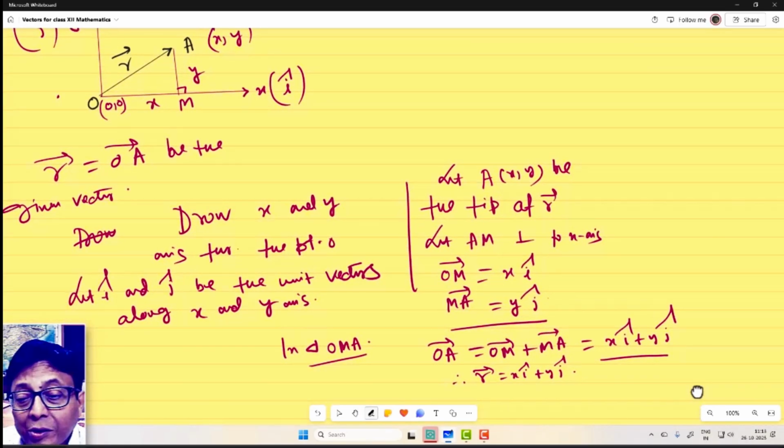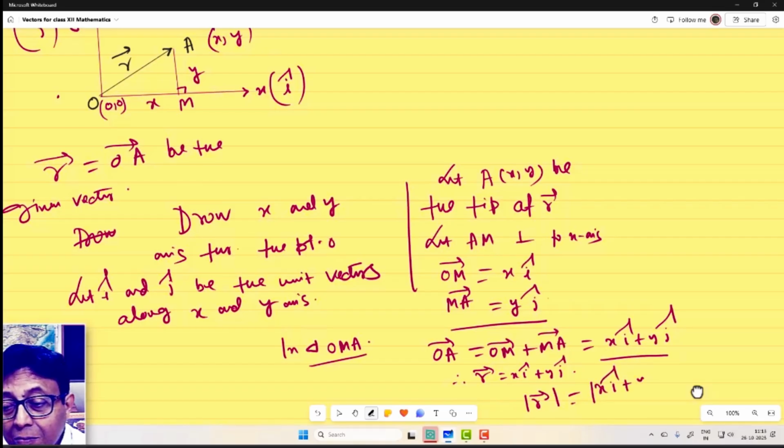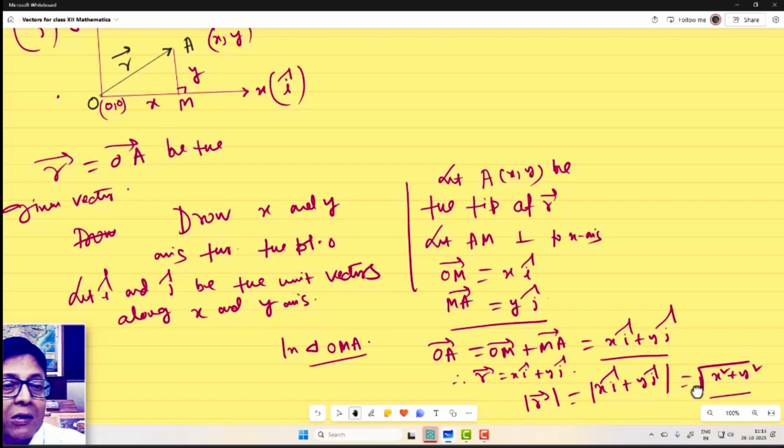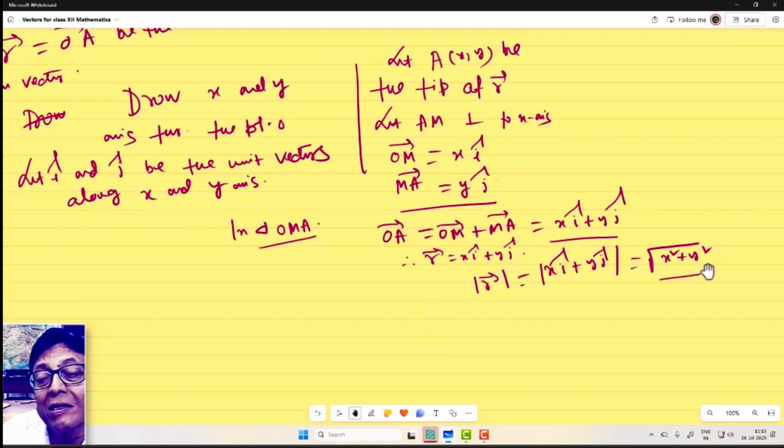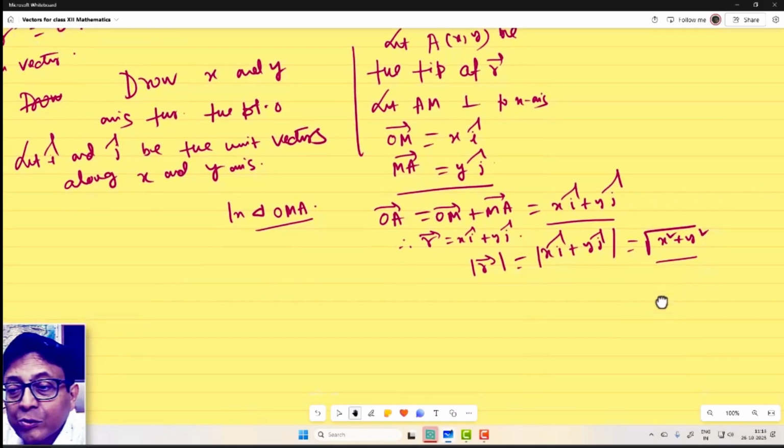Obviously, when you are going to calculate the magnitude of this vector, mod r is going to be the length of the vector, this part x, this part y, this is 90 degrees. By Pythagoras law, it will be root of x square plus y square. So this is the representation of a vector in 2 dimensions. Any vector will be of this form, and its magnitude is under root x square plus y square.